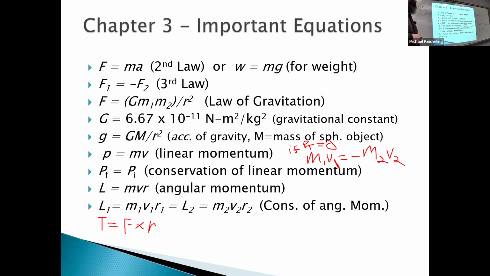Linear momentum is mass times velocity. The final total momentum equals the initial total momentum. And if the total momentum is 0, mass 1 times velocity 1 equals minus mass 2 times velocity 2. Angular momentum is mass times velocity times radius.